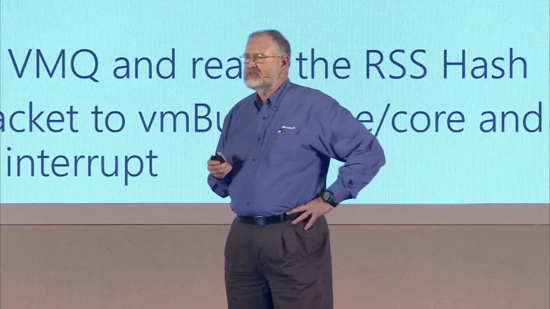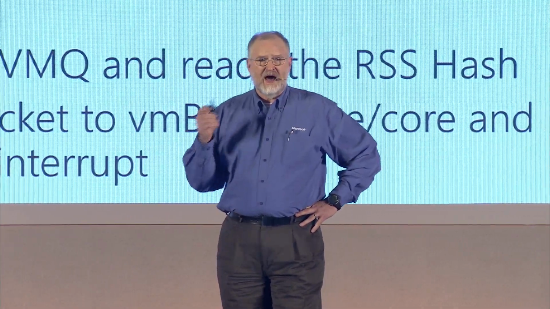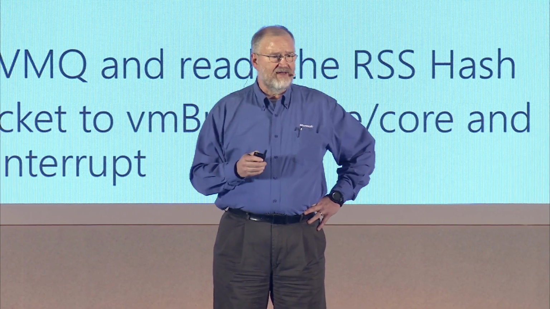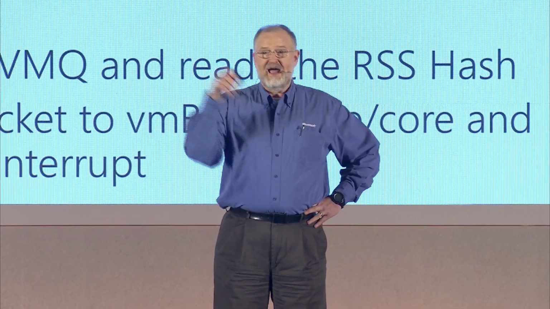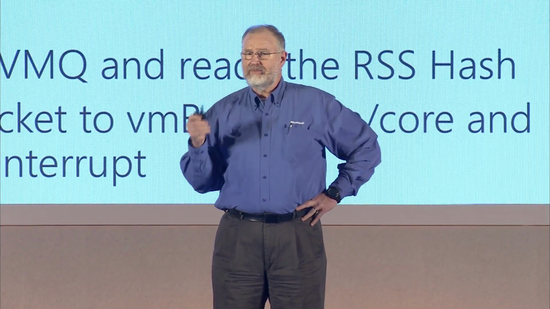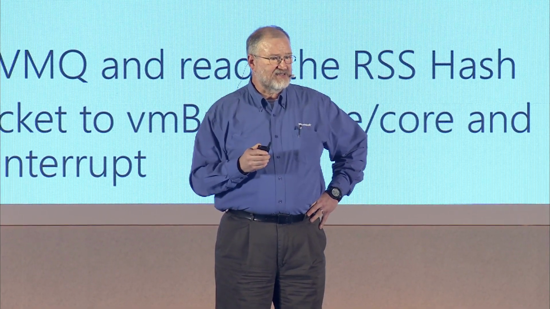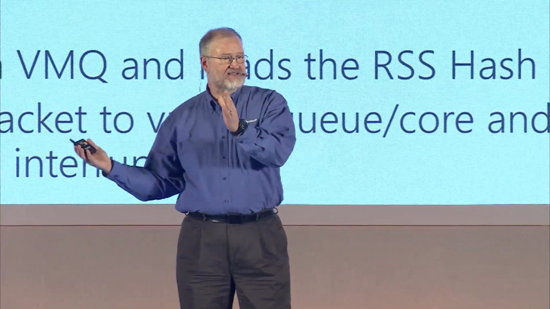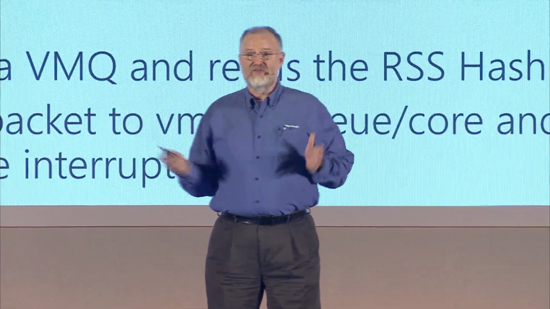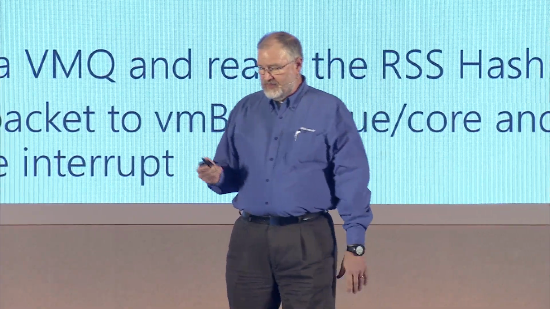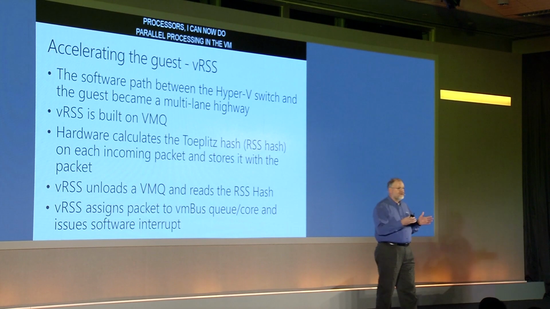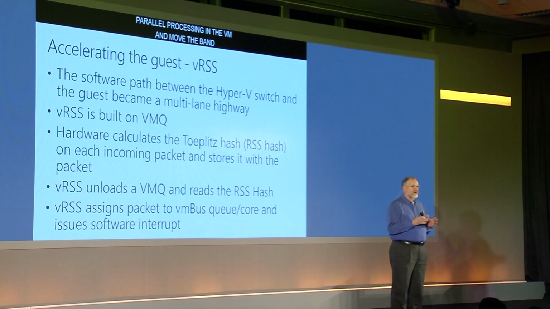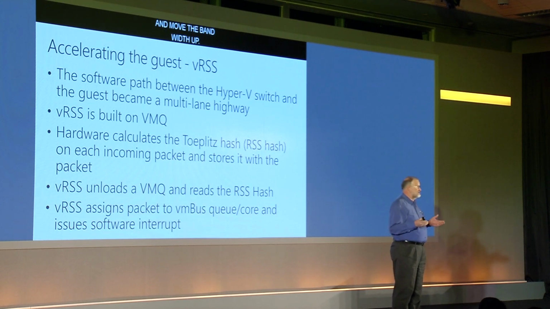So we looked in the OS and we said, I can make a multi-lane highway between the Hyper-V switch, where I'm unloading the queue, and the VM. And if the VM has multiple logical processors, I can now do parallel processing in the VM, and I can move the bandwidth up. If I ran the demo that I used to run on this, you would see that with VMQ, I can get around 8 gigabits per second per VM with current processor technology.